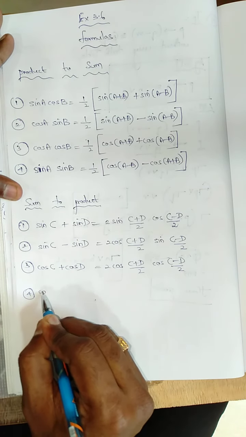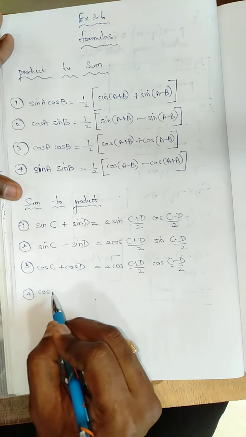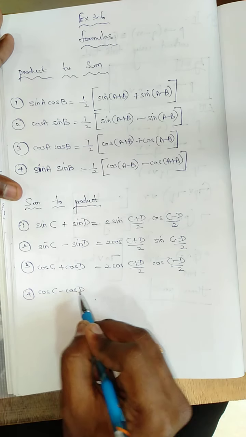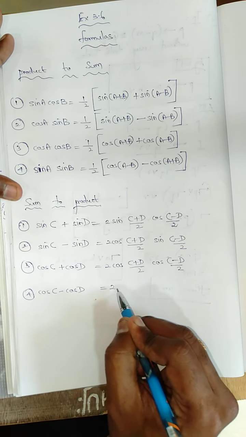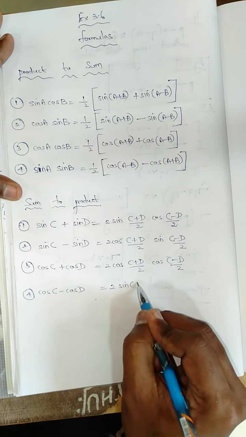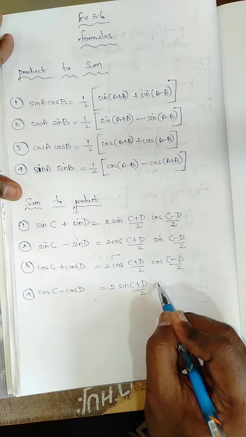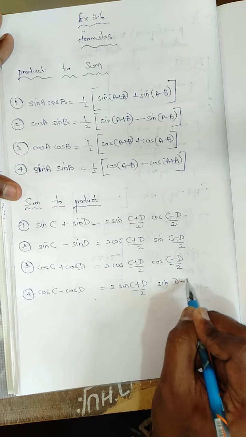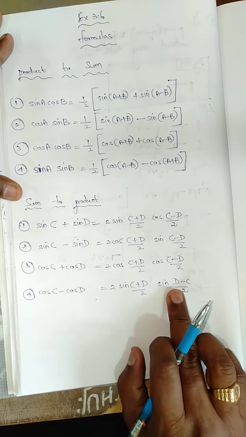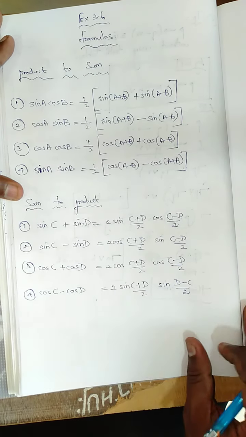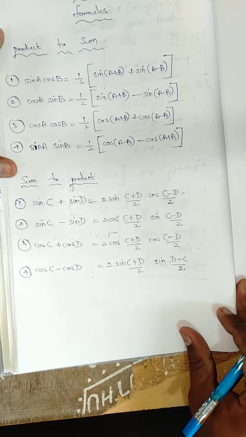The fourth formula is cos C minus cos D is equal to 2 sin C plus D by 2 into sin D minus C by 2. See how it differs, D minus C. So these are the 4 formulas.